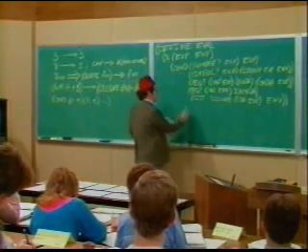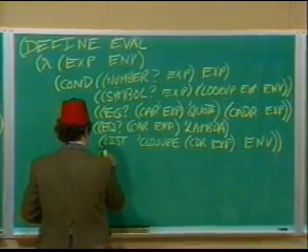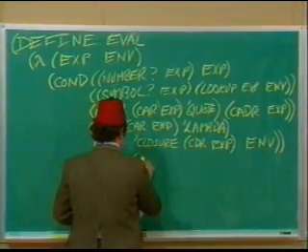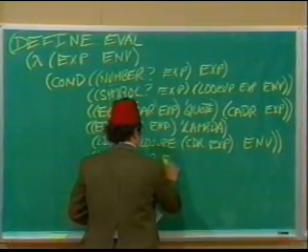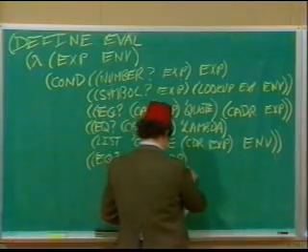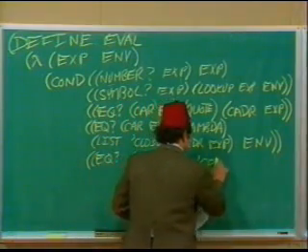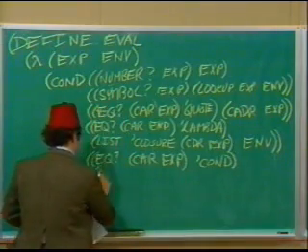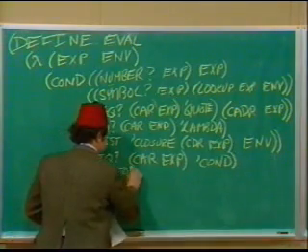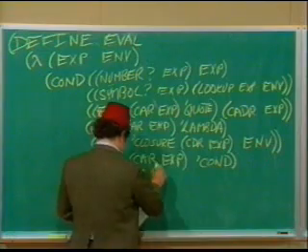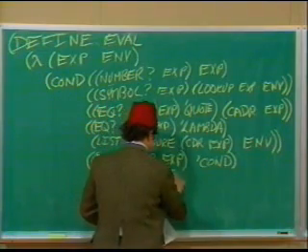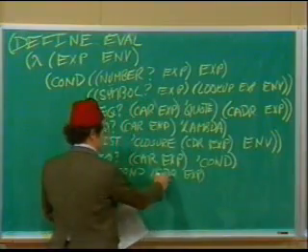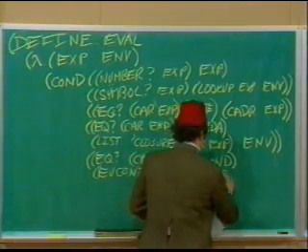We're going to worry about that in another piece of code. So EQ, if the car of the expression is cond, then I'm going to do nothing more than evaluate the cond, the cdr of the expression. That's all the clauses in the environment that I'm given.